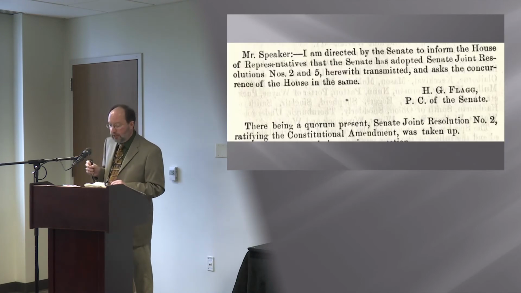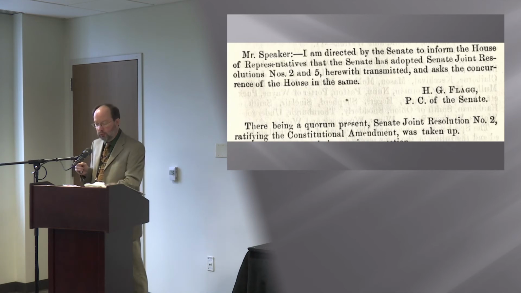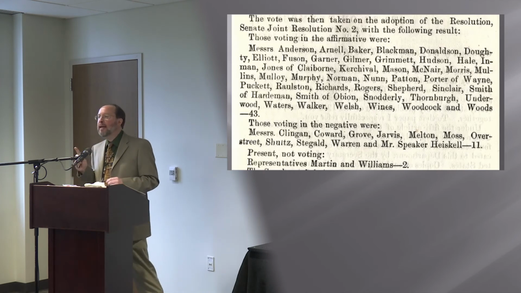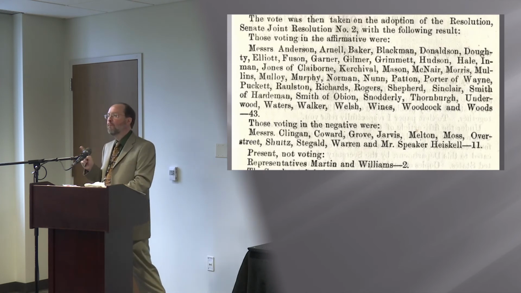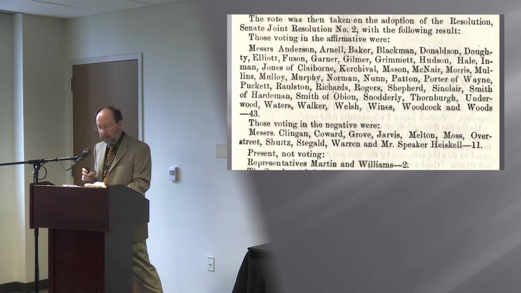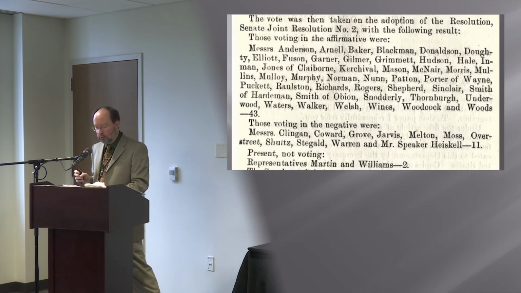The prisoners were then invited to the floor. Immediately, the House took up Senate Joint Resolution 2, ratifying the constitutional amendment. And on July 19th, 1866, the 14th Amendment to the Federal Constitution was ratified in that building by a vote of 43 ayes, 11 noes, and 2 present not voting, the 2 members who were still under arrest in the committee rooms.